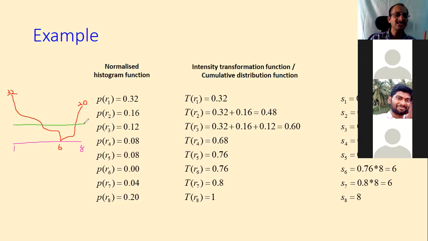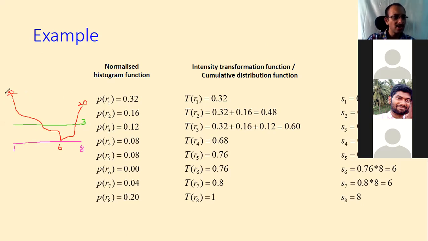Ideally it should look like this. And what will be the value? 1 to 8, 25 pixels, and roughly the count will be close to 3. Earlier it was 0.32, so it should be close to 0.3.